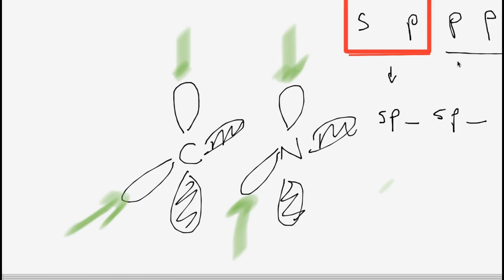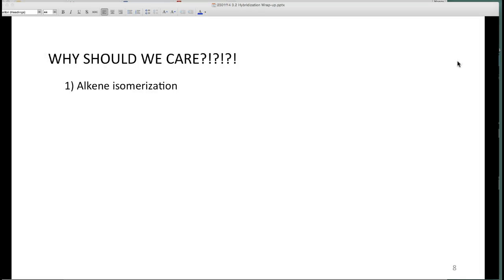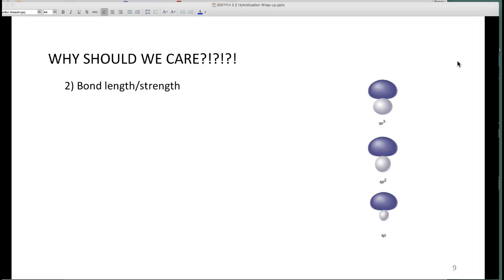Okay, this will sink in a lot better with more examples, and that's what the next mini lecture will be about. I'll do some alkene isomerization to help you understand why the bonding patterns really matter. We'll talk about bond length and bond strength. That varies with the type of molecular orbitals that are overlapping.